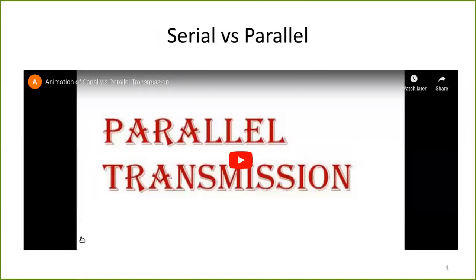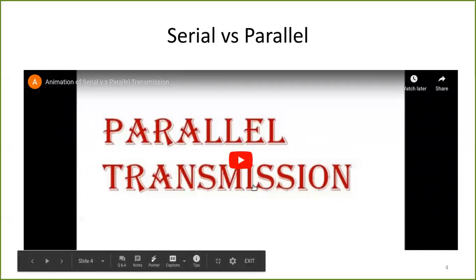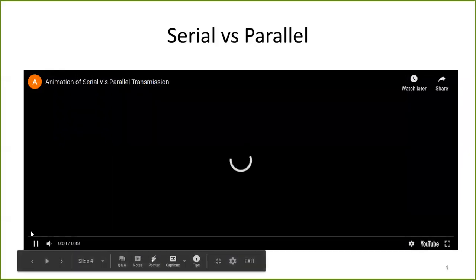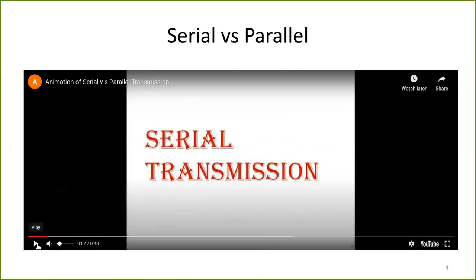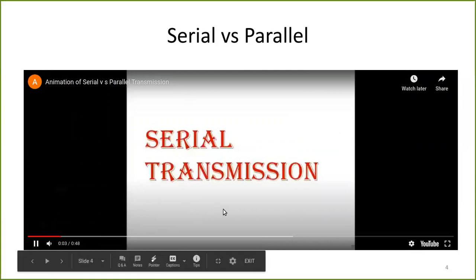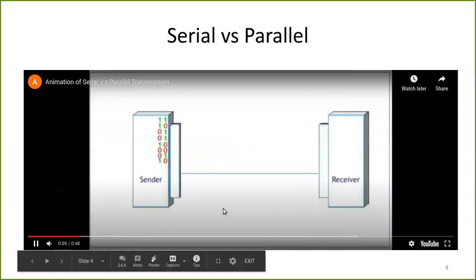Now let us discuss the classifications of serial and parallel communication. Coming to serial communication, the data has to be sent from sender to receiver.